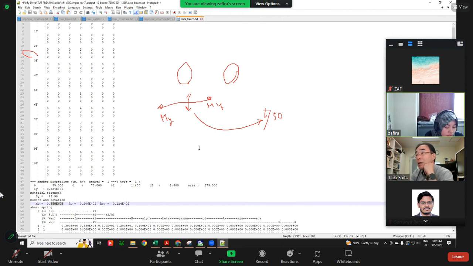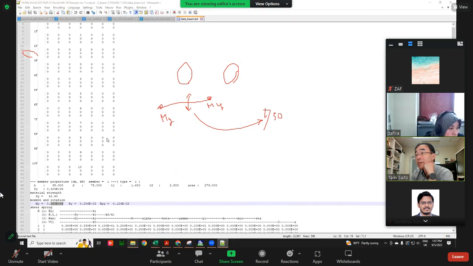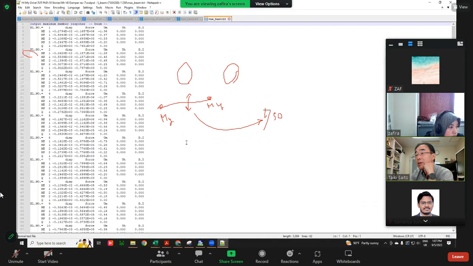Could you show me the max beam data? This one. So the yield force is not the same as this.